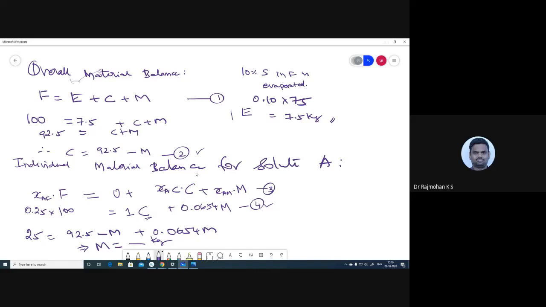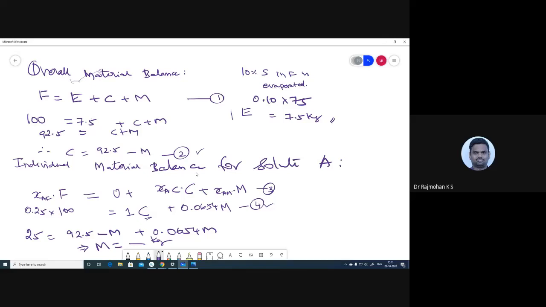So what we are doing is writing the individual material balance for solute A. A is barium nitrate, and XA is the fraction of A present in the feed. Remember, wherever I said mole fraction, it is mass fraction in this problem. Without chemical reaction, we consider a kg basis, and whatever the fraction is, that is the mass fraction.